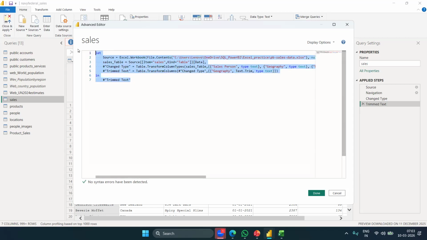And this code is automatically generated by Power BI based on the drag and drop activities that we did. Okay, so we don't need to learn this one, but we need to have some basic understanding of how these particular lines of code are written by Power BI.